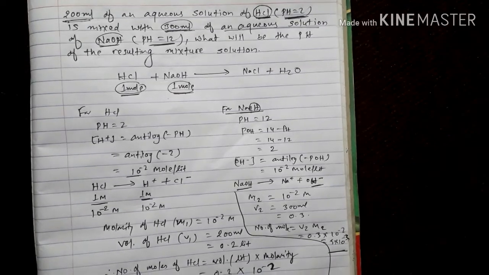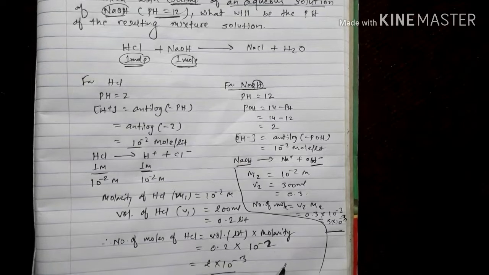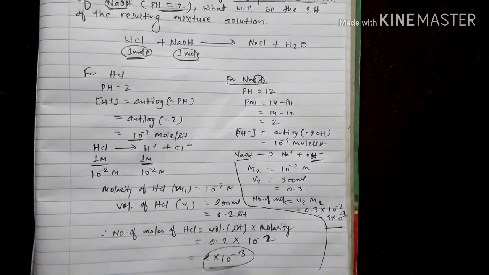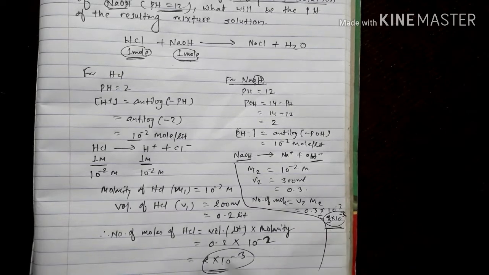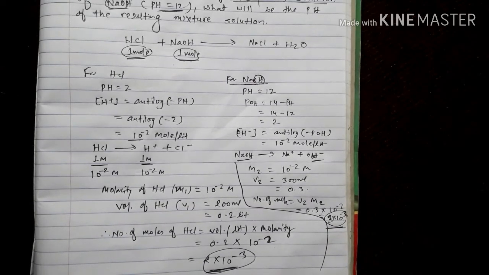If you compare the number of moles of HCl and the number of moles of NaOH, the number of moles of NaOH is greater than the number of moles of HCl.